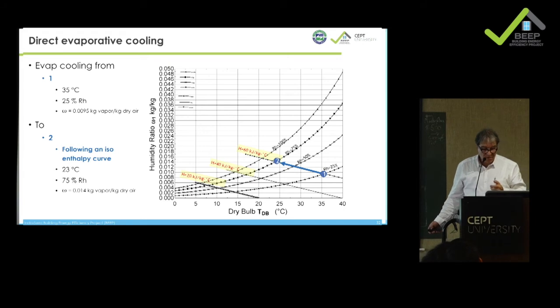So that means we are going to get what we call the iso-enthalpy curve. What is it exactly? The interesting thing with evaporative cooling is that if we have no heat transfer from outside, that means you only spray water in the air and there is no other thing heating or cooling, no heating or cooling coil or any surface, then this is what we call adiabatic evaporative cooling. So it stays on the same energy lines.